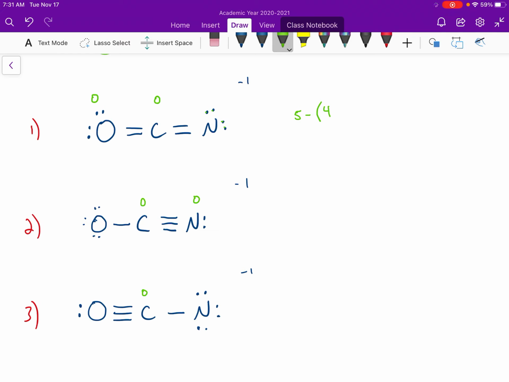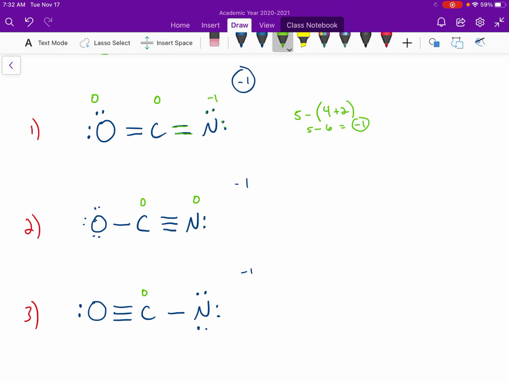And then we want half of its bonded electrons. So it has 4 electrons total in bonds, which means 2 of them are going to be for nitrogen. So this should be 5 minus 6, -1 formal charge. Total formal charge equals the charge on the compound, so we're good to go.